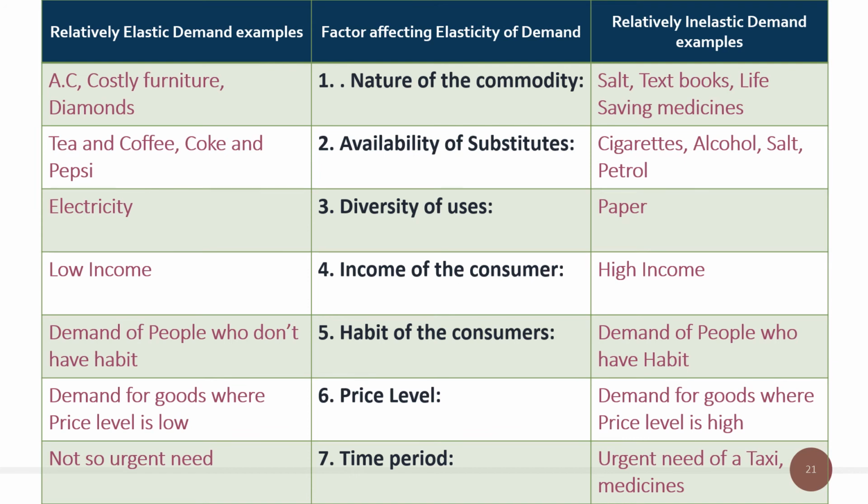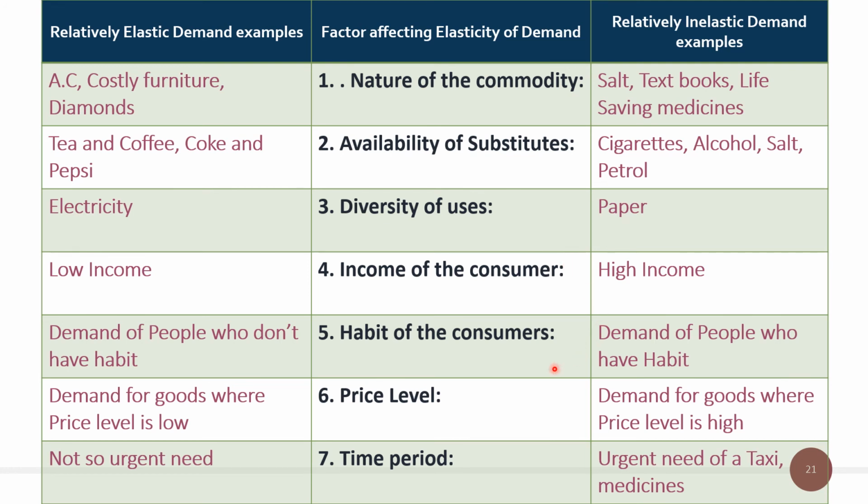I've provided for you a table here showing the factors affecting elasticity of demand. And on either side, I have shown examples of goods that come under the category of relatively elastic demand and examples of goods falling under the category of relatively inelastic demand for each of the points respectively.